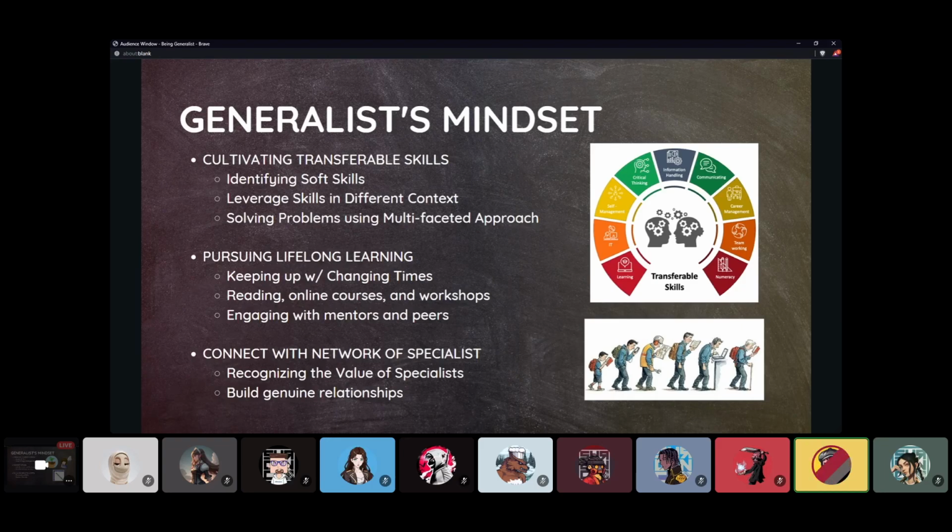And I believe it is essential to have soft skills as a generalist, because you can bring them anywhere, in whatever industry or field you are in. First, you must identify your transferable skills. It can be communication, public speaking, the way you present, or any soft skills that would bring value to your company, to your employer, or even to your personal life.